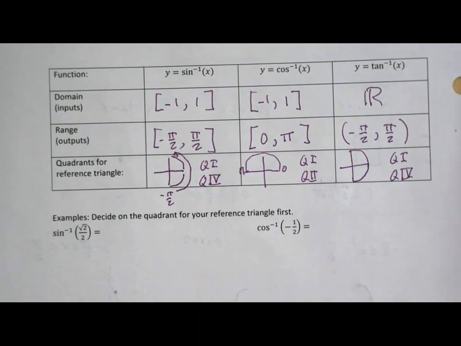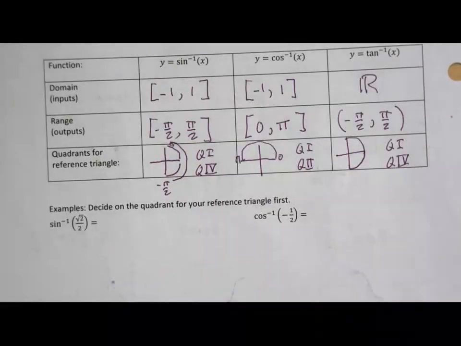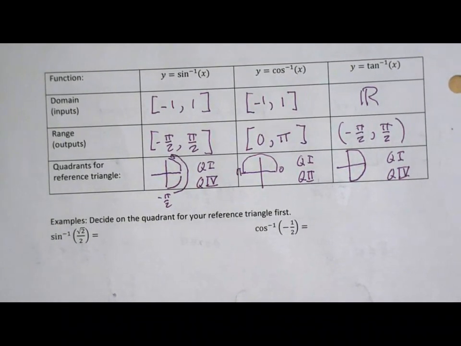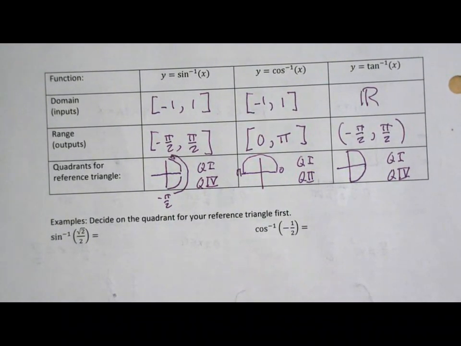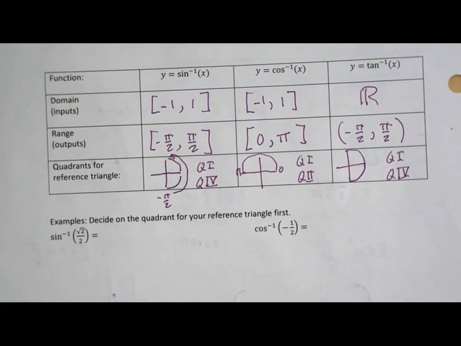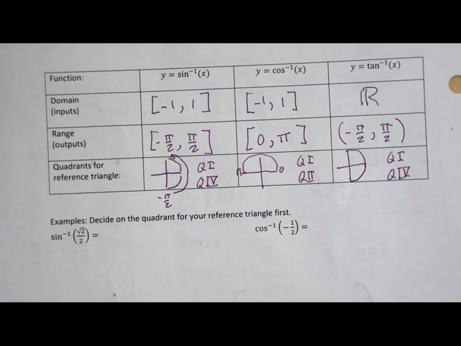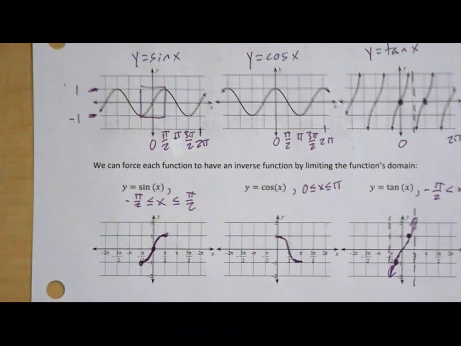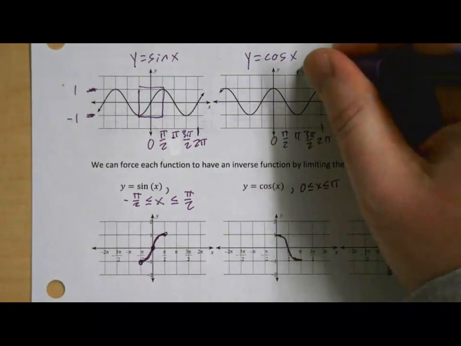Okay, let's do some actual, I'm sorry, did you have a question? Why is quadrant 3 excluded? Well, we decided we were going to chop. We never included it. When we decided where we were going to chop, quadrant 3, it would be this spot right here.